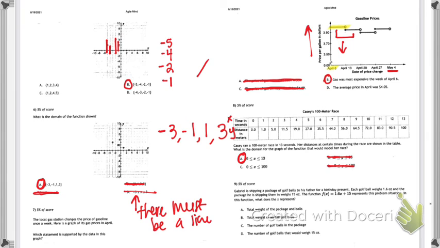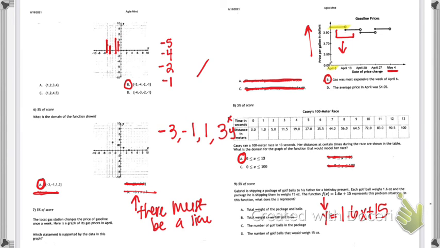All right, number 9. Gabriel is shipping a package of golf balls to his father for a birthday present. Each golf ball weighs 1.6 ounces, and the package he is shipping them in weighs 15 ounces. The function f of x, which you know means y, is 1.6x plus 15. In this function, what does the x represent?